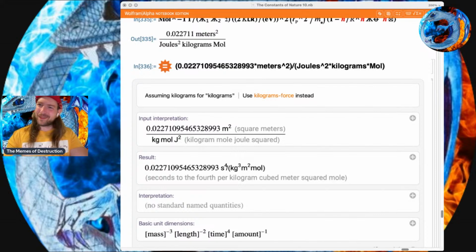No, dividing it's the same as 1 over. Molar volume? This is meters cubed divided by moles.